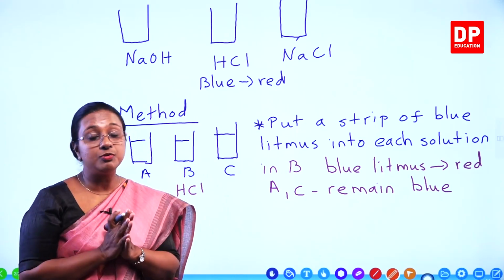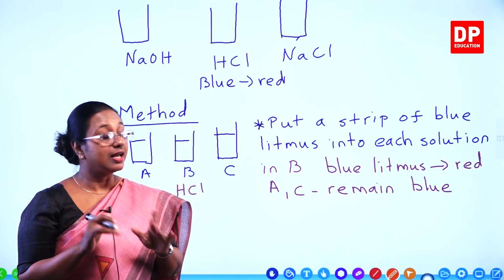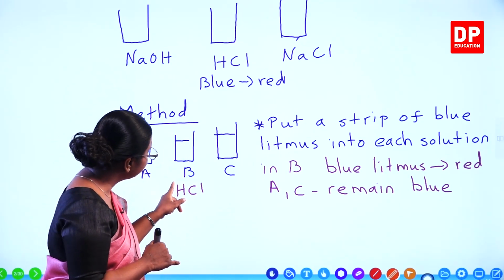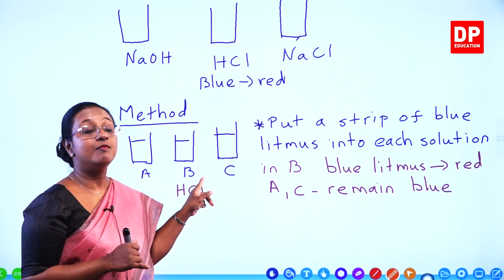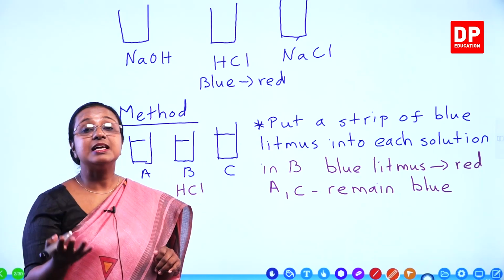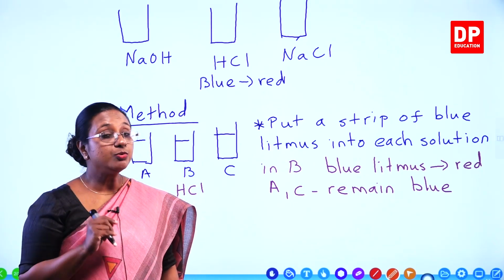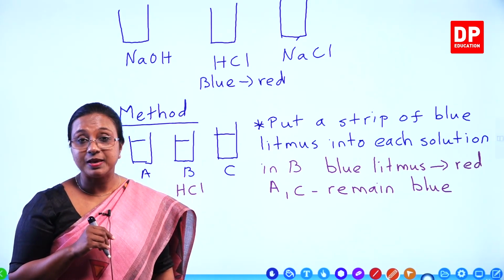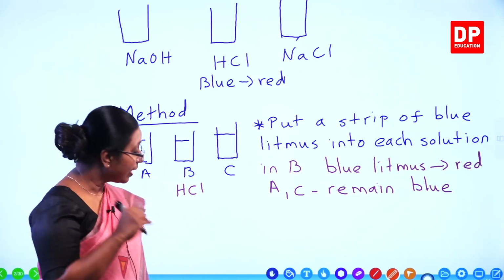We have only blue litmus. But when you put the blue litmus into HCl, what happens to the litmus paper? It turns red. So now you have a red litmus paper as well. So what can you do?